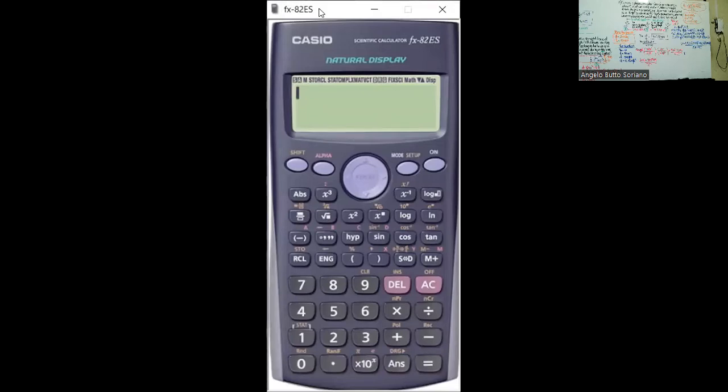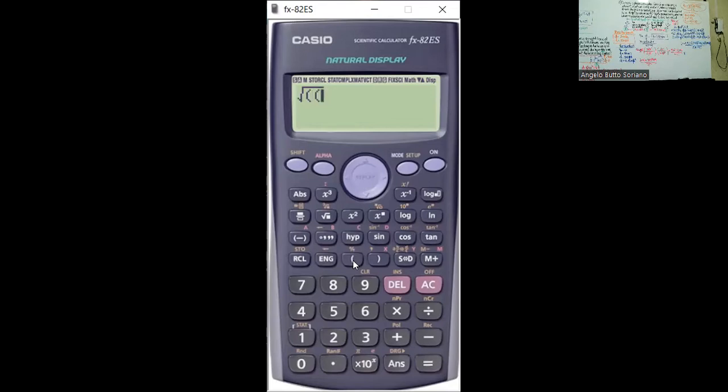Remember, we're supposed to solve that quadratic formula. So let's do it step by step, because it could be a little bit harder for us at the moment to solve the square root part. So we can use the square root and open the parentheses twice.